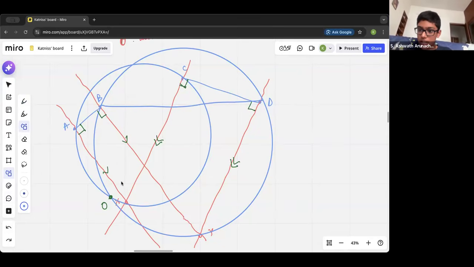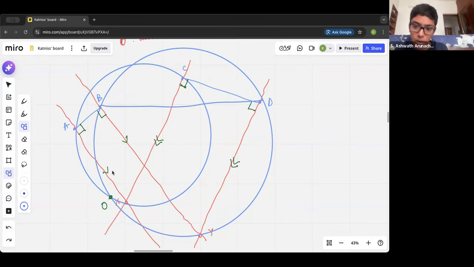So it must lie on that circle. The same for angle AOC. So angle BOD and angle AOC must always remain constant, so they have to lie on that circle.